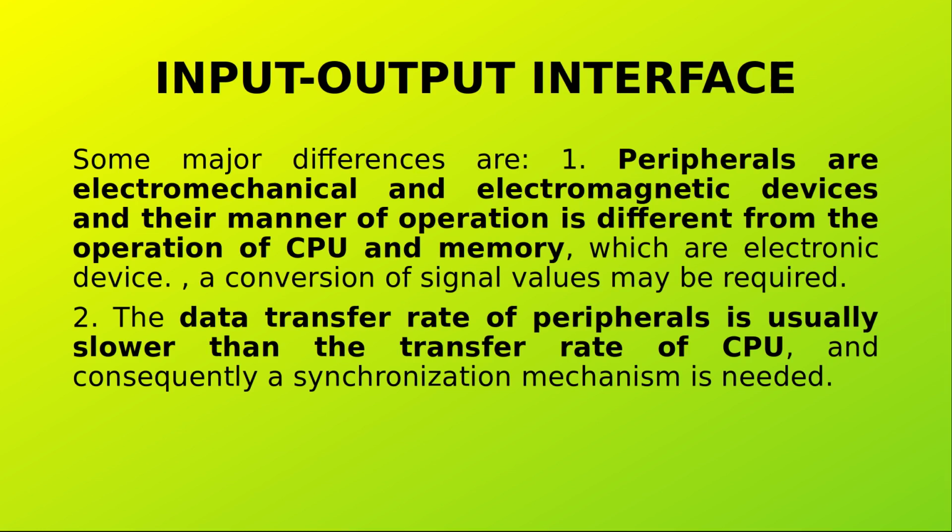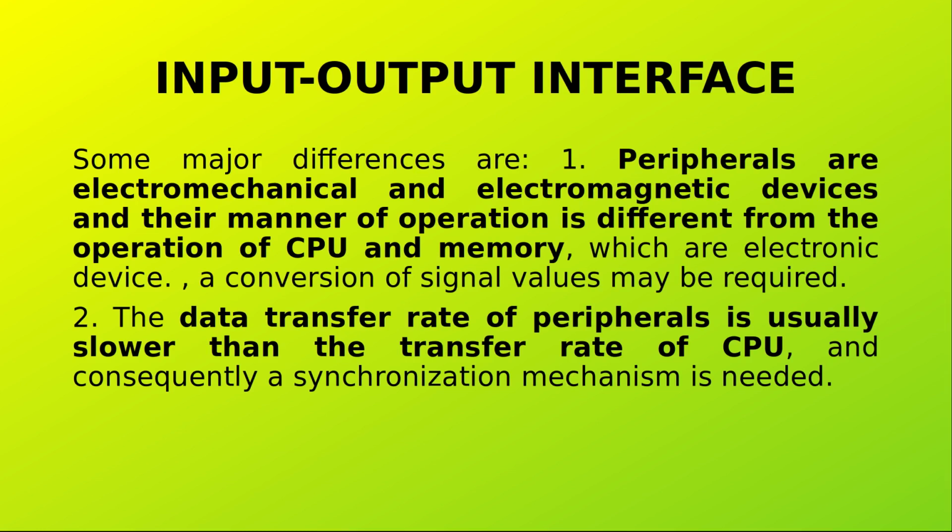For example, if you give the print command to a printer, it will take a few seconds. But if you give a command to the computer, it will execute immediately. This is the speed variation between peripheral devices and the CPU.